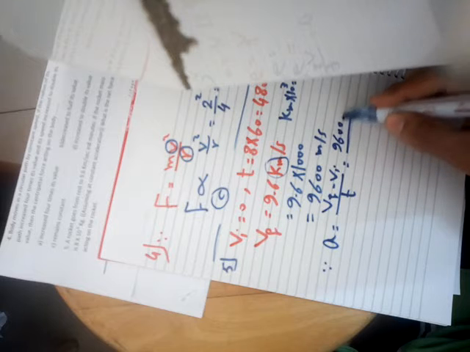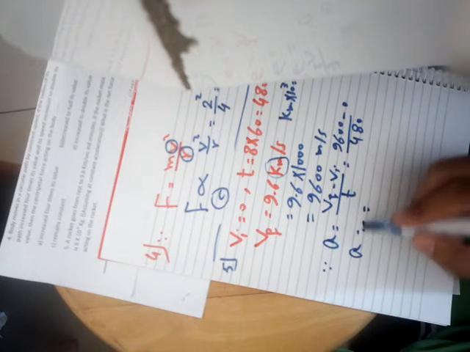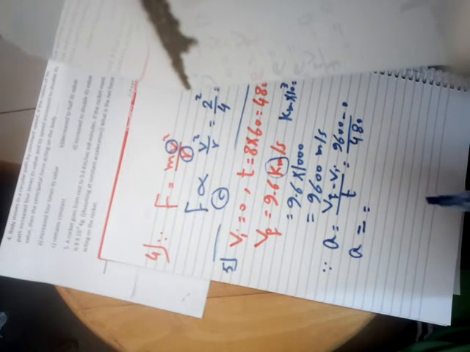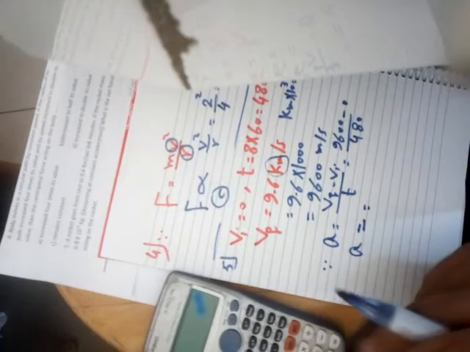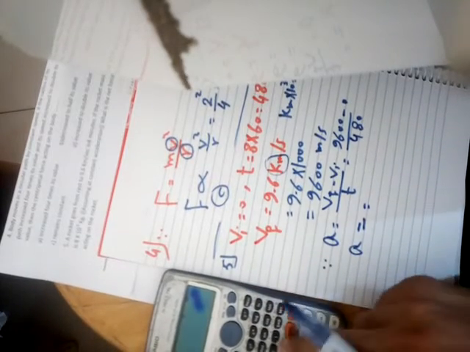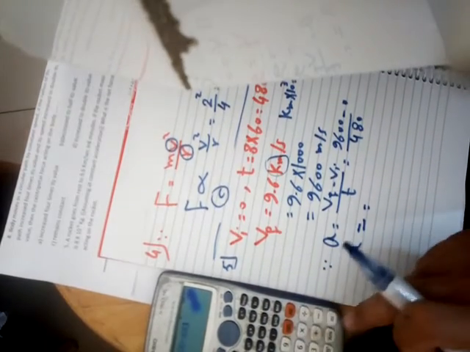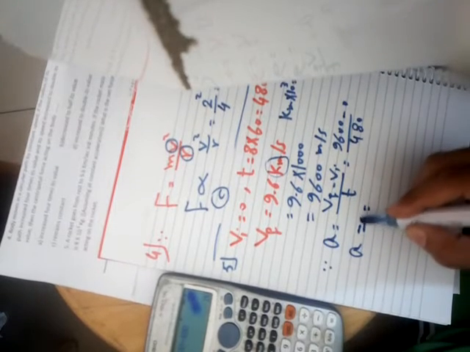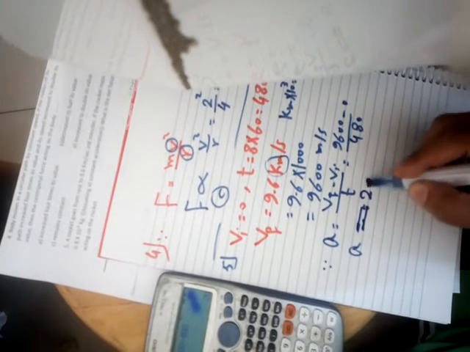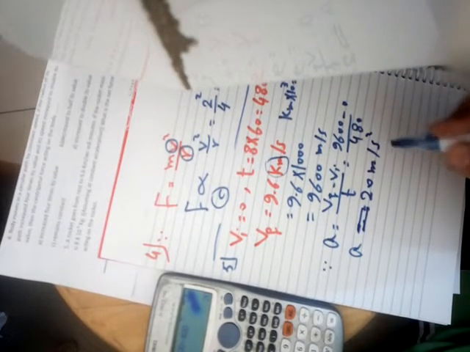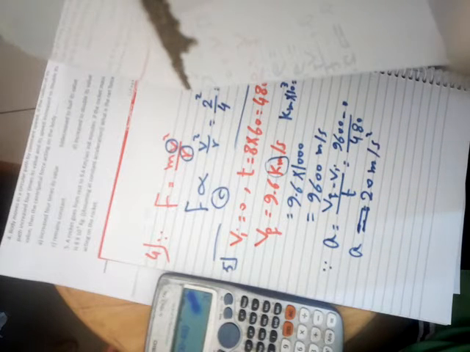V final equals 9600 minus V initial 0, over time equals 480. When calculated, 9600 divided by 480 equals 20 meter per second squared.